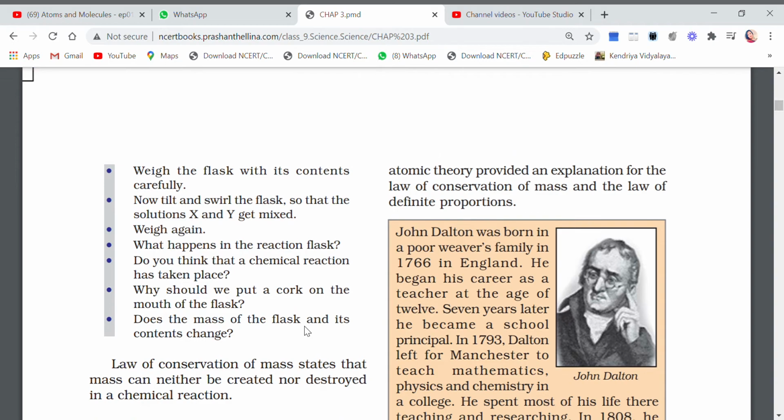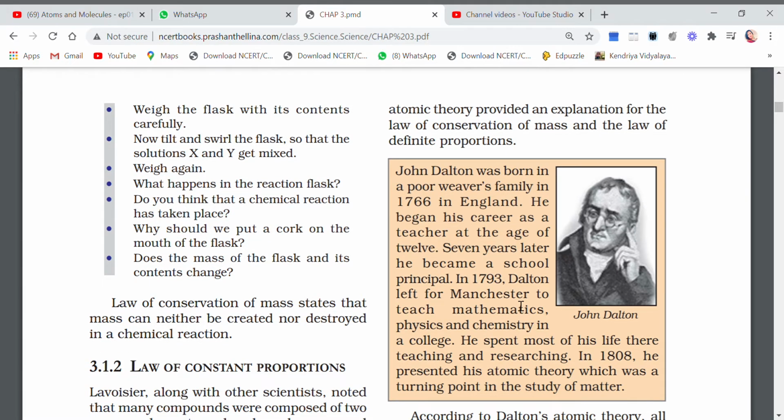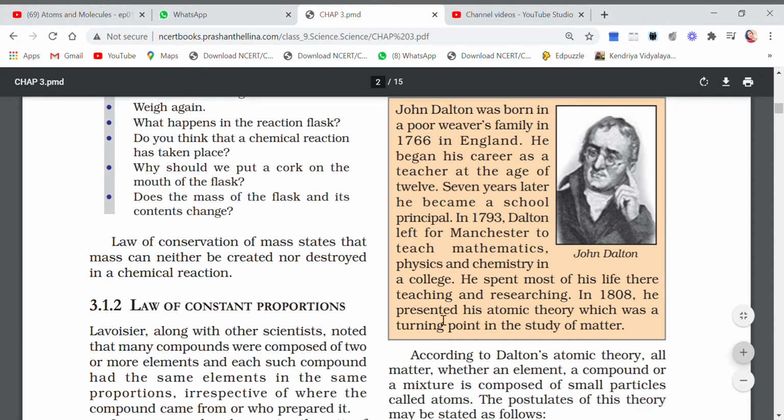Dalton atomic theory provided an explanation for law of conservation of mass also and law of definite proportion. So this is a little bit information about John Dalton. As you see, John Dalton was born in a poor weaver's family in 66 in England. He began his career as a teacher, and 7 years later he became a school principal.